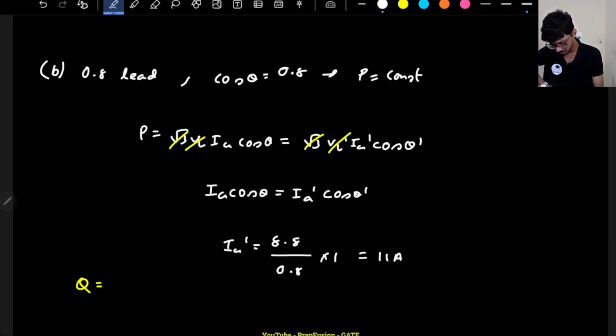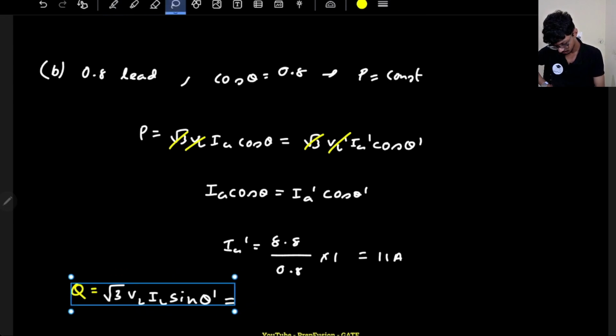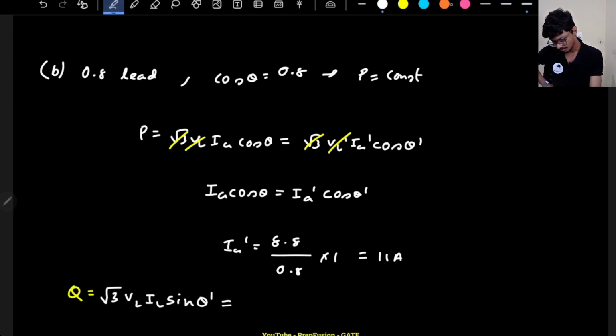So my Q will equal root 3 VL IL sin theta dash. Root 3 into VL, I know VL is 2300, into IL which is 11, into sin theta dash.